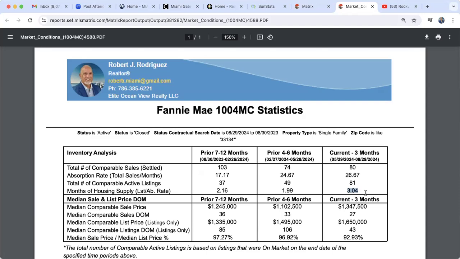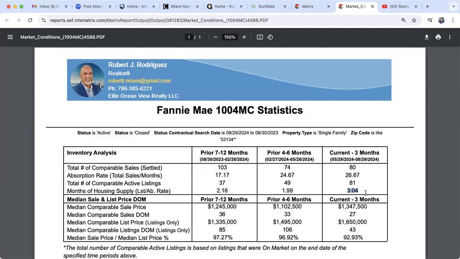That is a seller's market. Now, flip that around. Think of walking into Best Buy, and you are the only buyer there, and there are 100 of the same televisions. You get to pick and choose. You are now in a buyer's market.